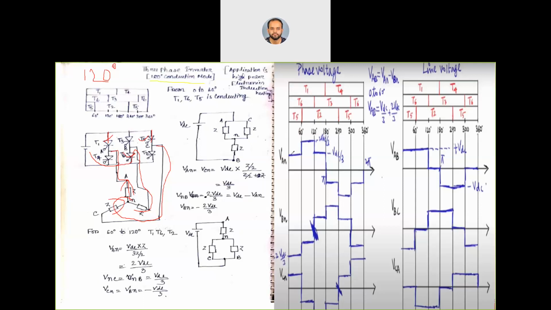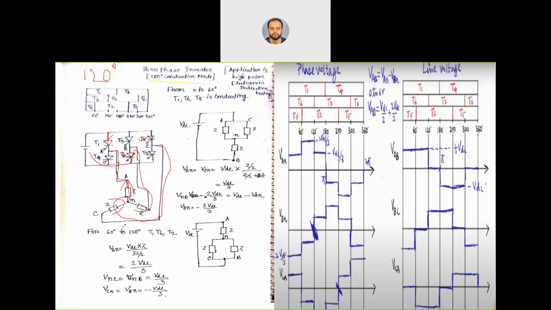Then VNB will be the total voltage VDC minus VAN, so that will be 2 VDC by 3, and as it is NB, BN will be minus 2 VDC by 3. So for 0 to 60 degrees, VAN is VDC by 3, VBN is minus 2 VDC by 3, and VCN is VDC by 3.